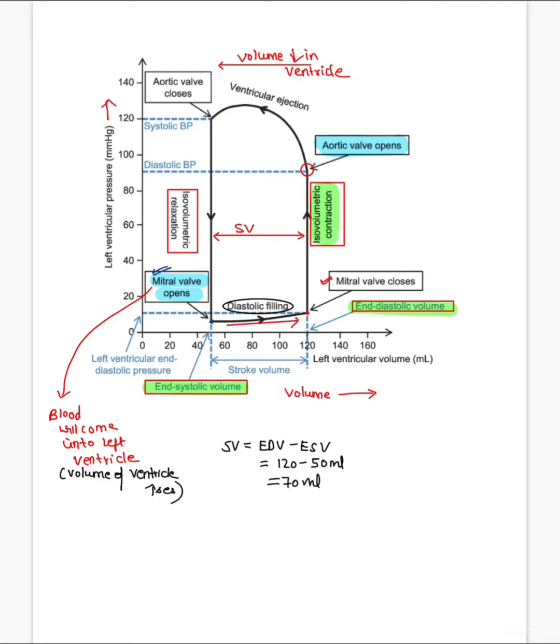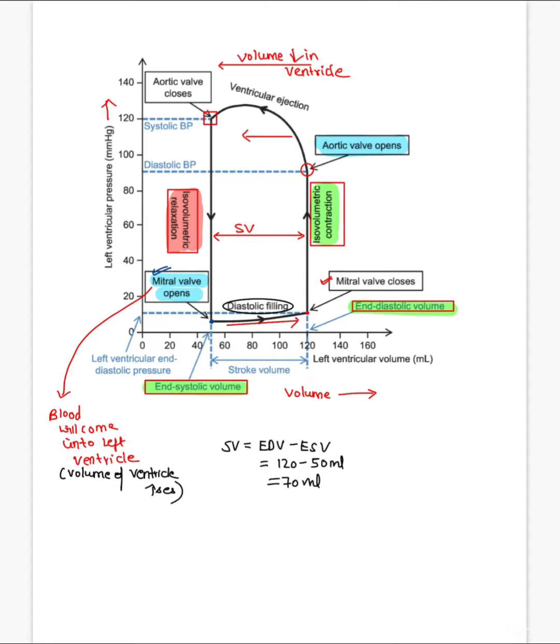When the aortic valve opens, blood will go out. As a result, the ventricular blood volume will decrease. At a time it will get empty, and the aortic valve will close. Then again the blood is going to the atria but not coming down. That is your isovolumetric relaxation.